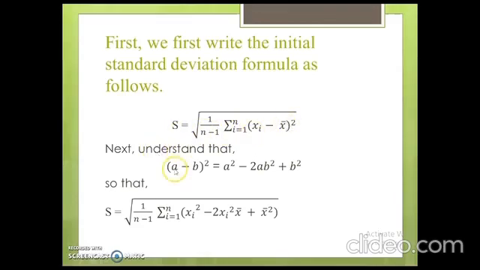Next, understand that a minus b squared is equal to a squared minus 2ab plus b squared, so that s is equal to square root of 1 divided by n minus 1 sigma xi squared minus 2 xi x bar plus x bar squared.